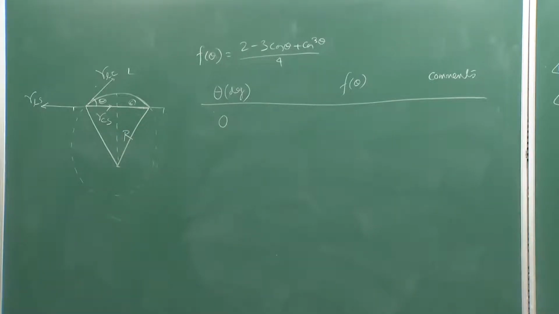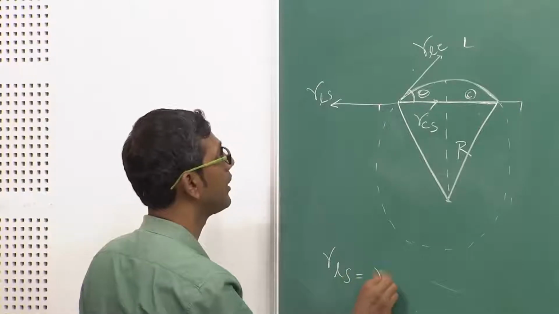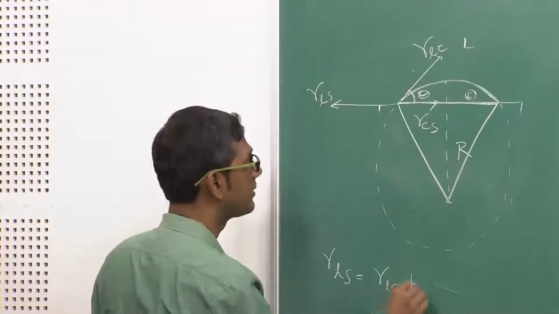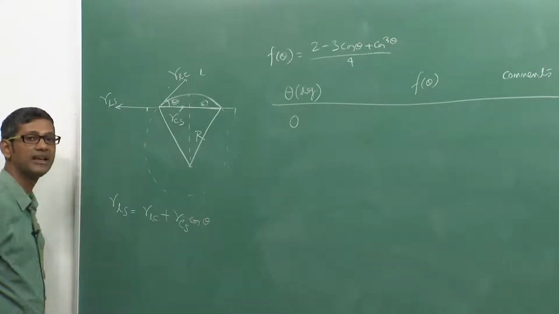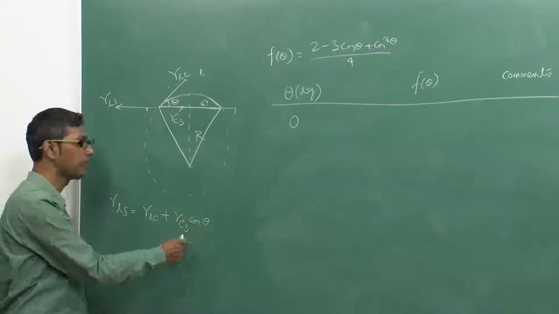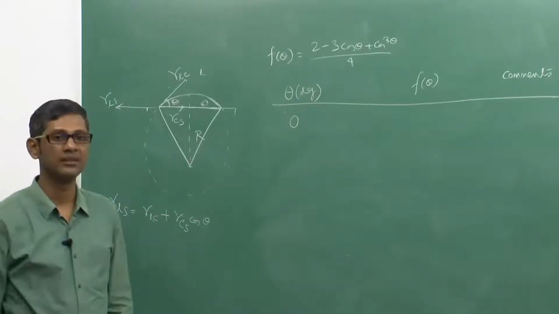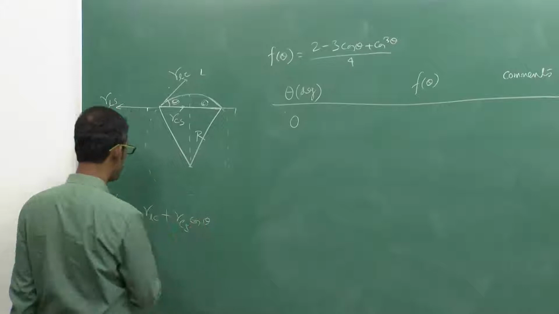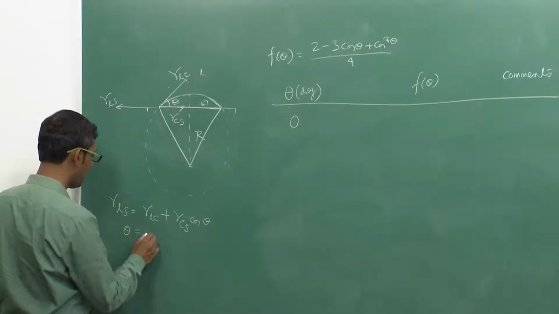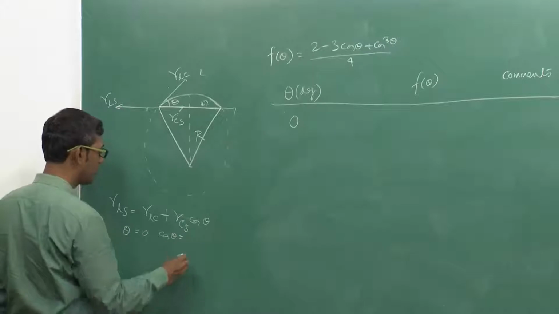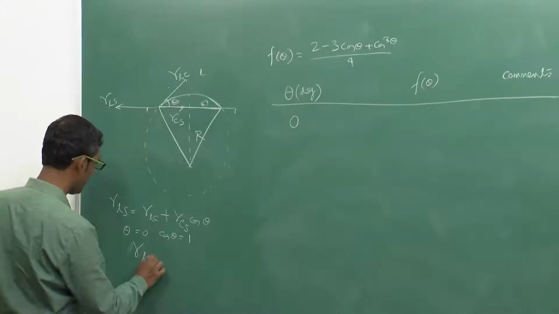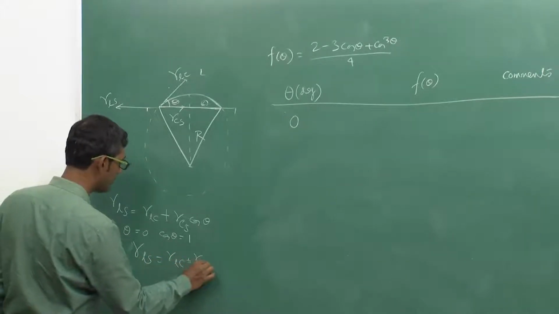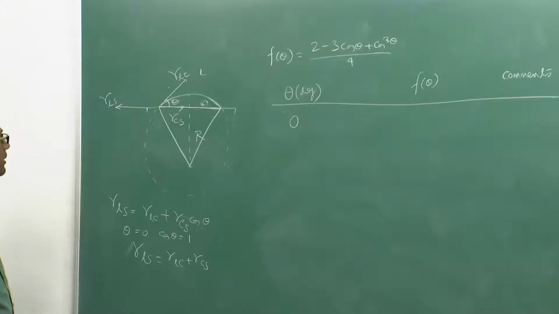That is only possible when gamma_LS is equal to gamma_LC plus gamma_CS cos theta. Theta equal to 0 means cos theta is equal to 1, and that means gamma_LS is equal to gamma_LC plus gamma_CS. Energetically this is completely balanced.